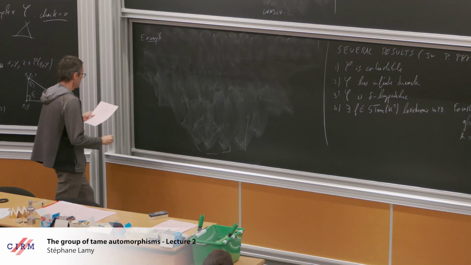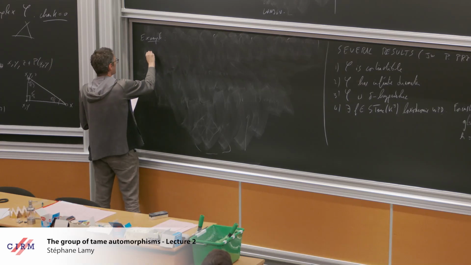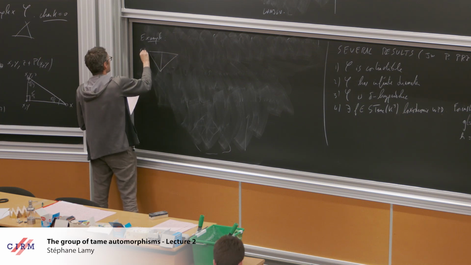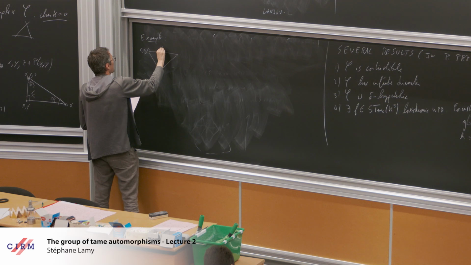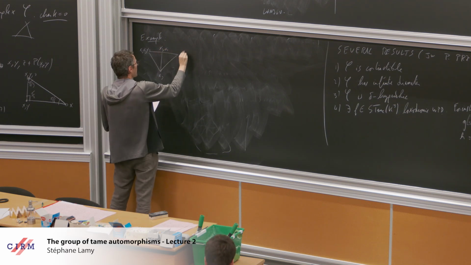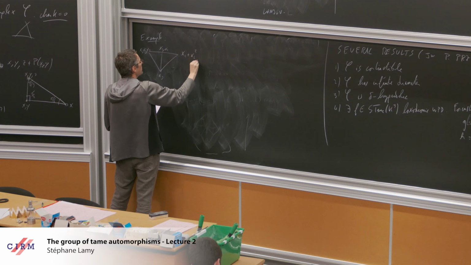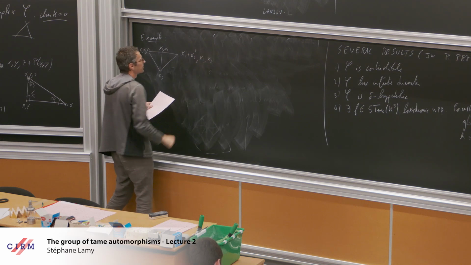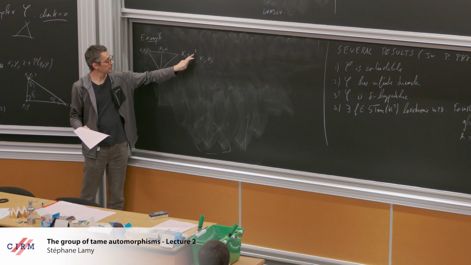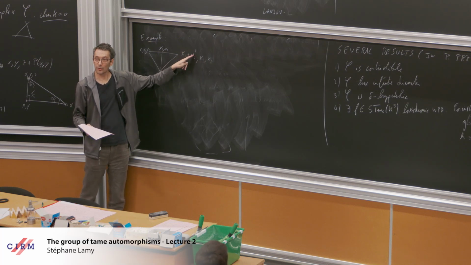So always you have x1, x2, x3, x2, x3, x3, and here I'm going to put x1 plus x2 square, x2, x3. So it's the square of x2. x2 is a variable, t square is a polynomial.